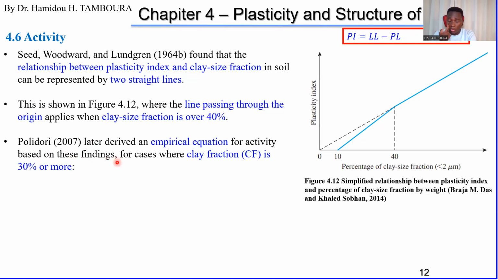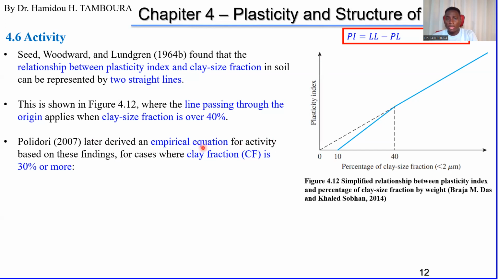Do you understand how it works? Someone is doing research, stopping at a certain level after having enough findings. Another person is continuing from that point. And this is how research works. So this was 1964. And this one is 2007.